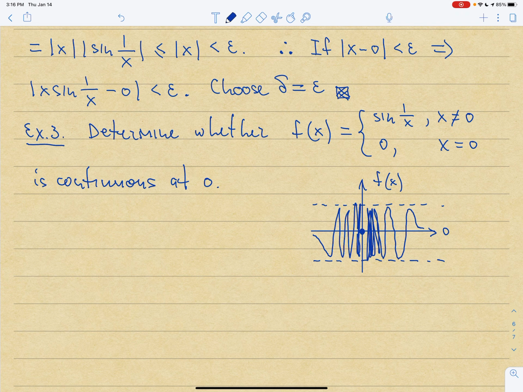So I'm going to prove that the function is discontinuous at 0 by showing a counterexample. And a counterexample actually is simple.